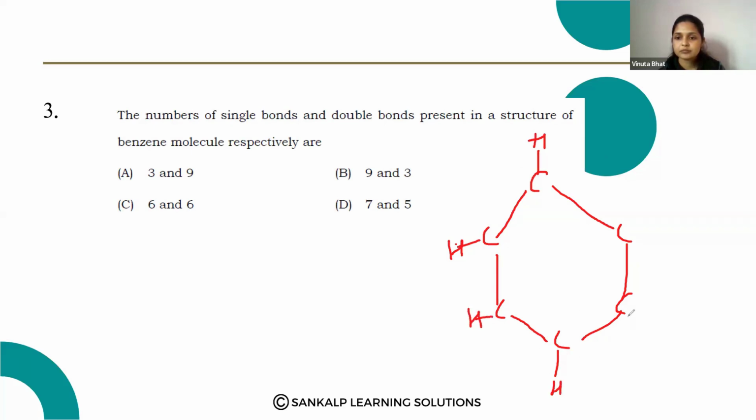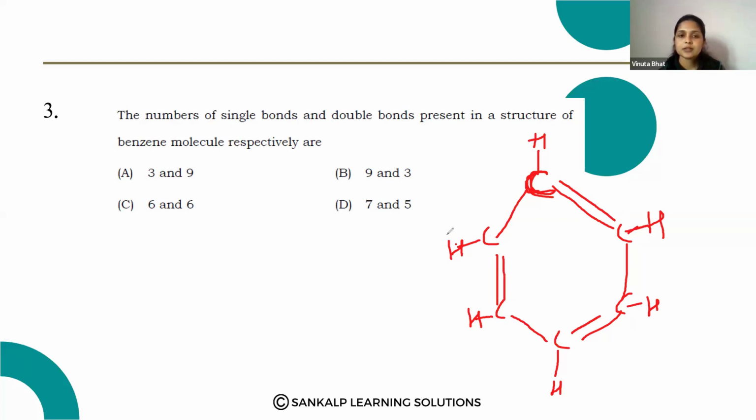But carbon has a valency of 4, and here only 3 is fulfilled. So I will add the double bond here. 1, 2, 3, 4 total 4 bonds.